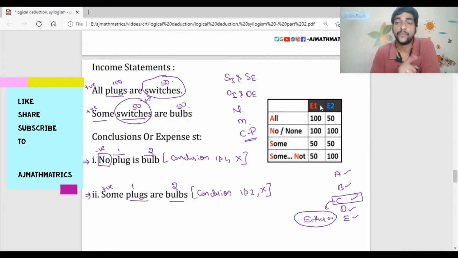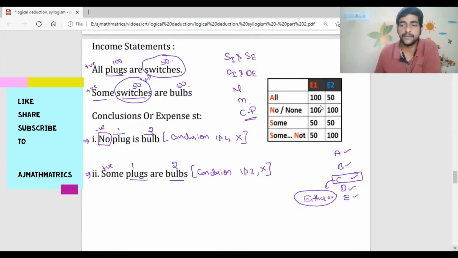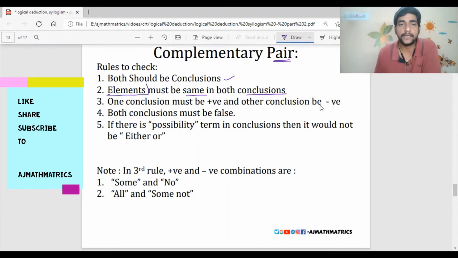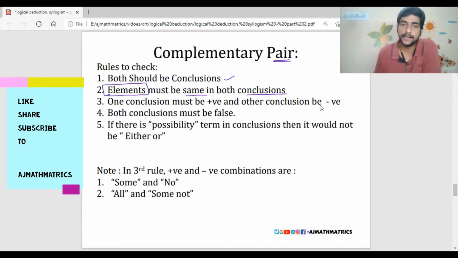So be clear, whenever you want to go with D as the answer, before that you need to check one more thing, that is the complementary pair or not. Here we have the complementary pair rules. The rules are: both should be conclusions, which means we check the complementary pair only for conclusions. Second, the elements must be the same in both conclusions. So if you take any two conclusions and want to check the complementary pair, element 1 and element 2 should be the same in both conclusions.